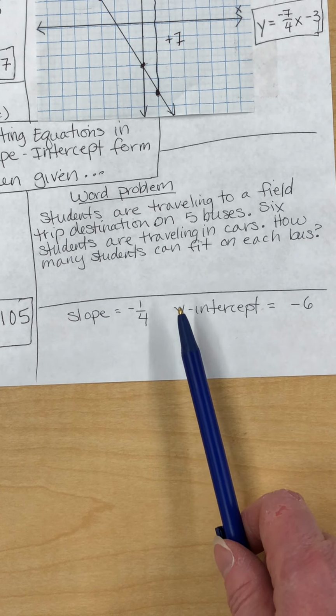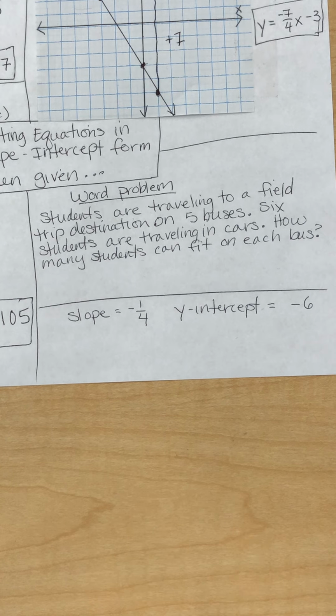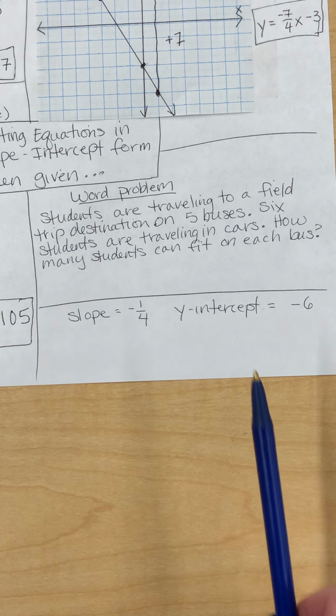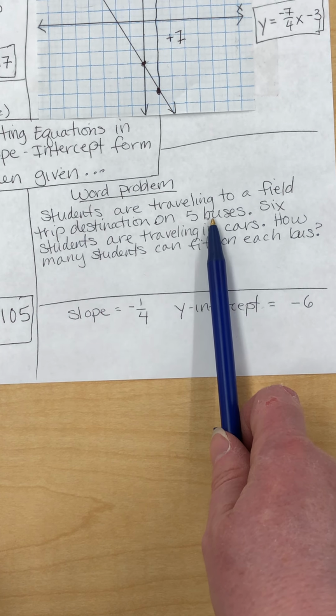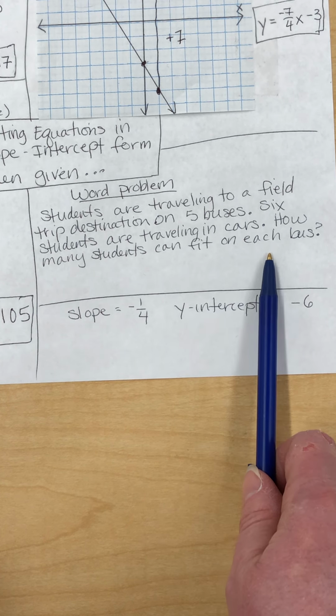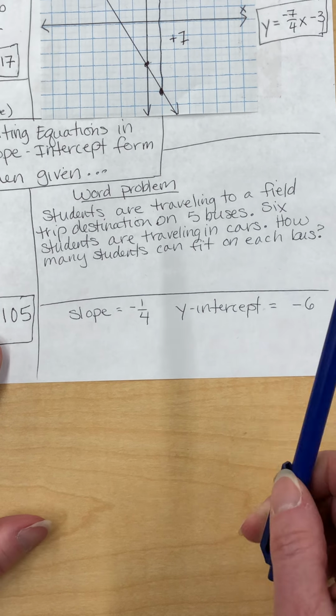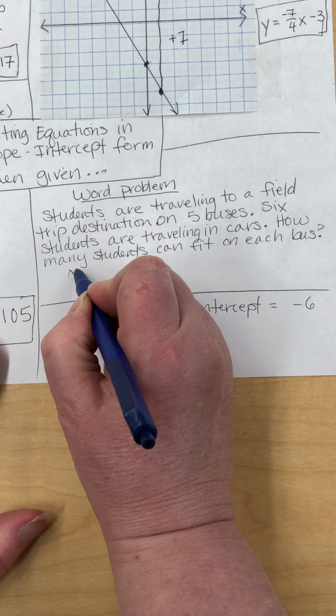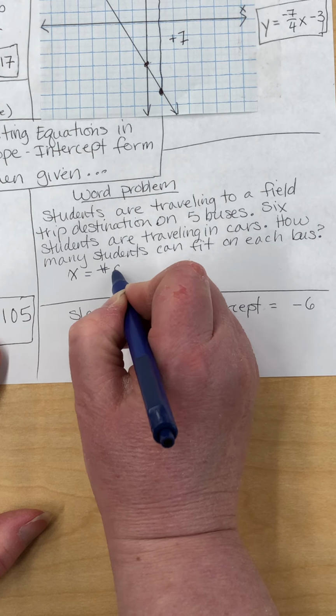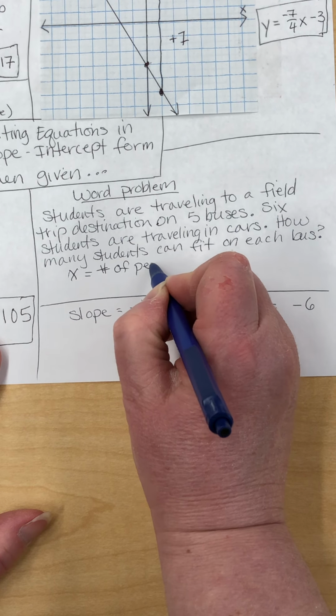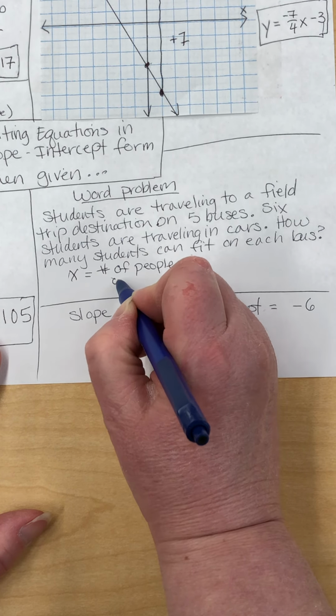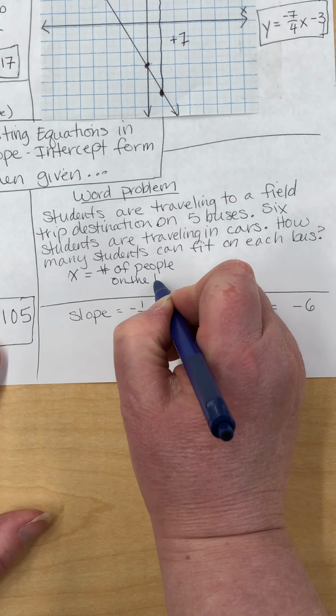So what we have to look at is, what is the piece of information that is separate from the buses? So what this is saying is that there are 5 buses, and I need to find how many people are on each bus. So my x is representing the number of people on the bus, on each bus.